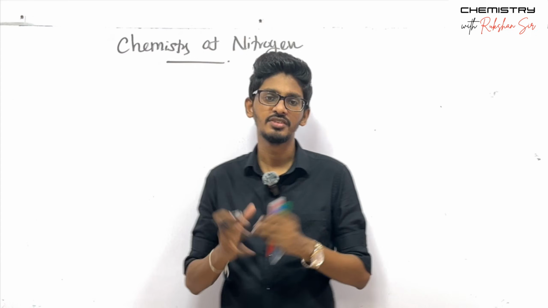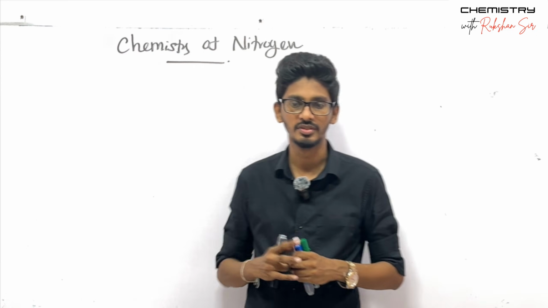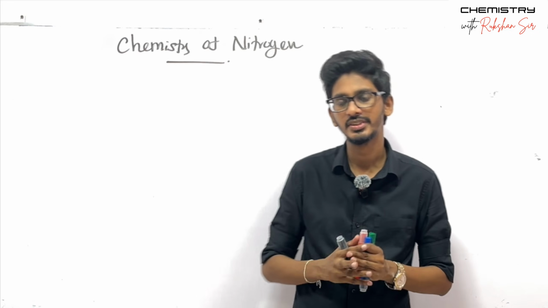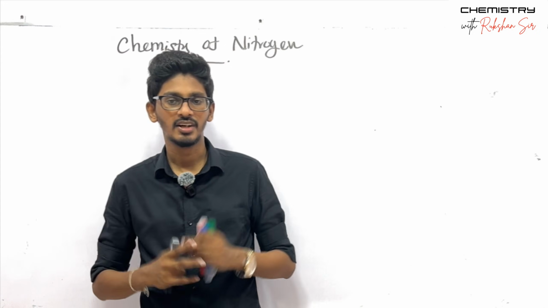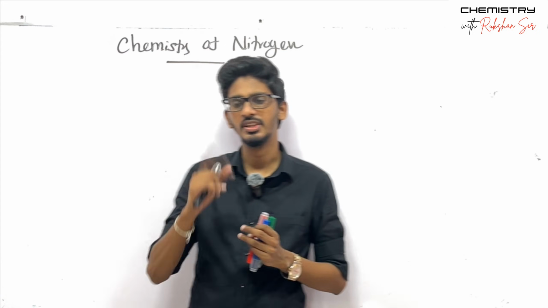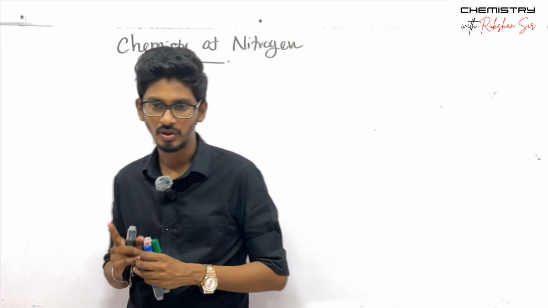If they ask such a question, you have to mention two things. To get the complete mark, you have to come across two marking points. The first thing: N2 has a very strong triple bond.